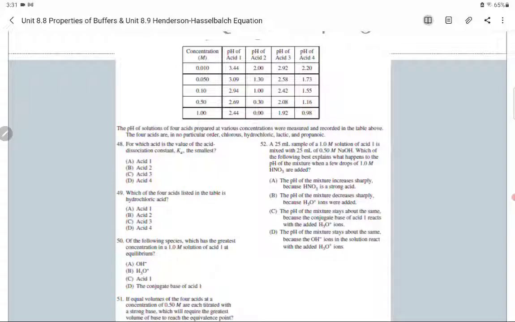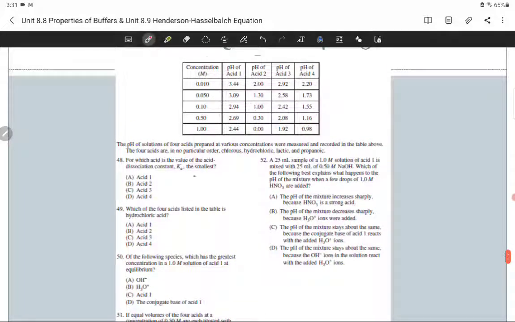Number 48. For which acid is the value of the acid dissociation constant Ka the smallest? So that means it has the least amount of forward reaction, the most of the reverse. And remember that HA goes to H positive and A minus.